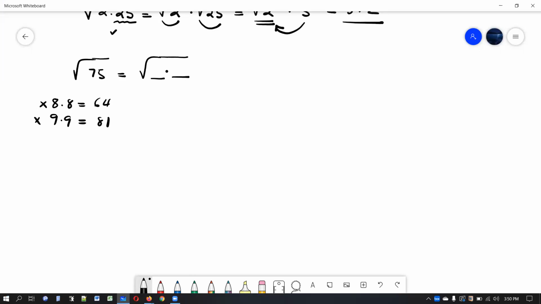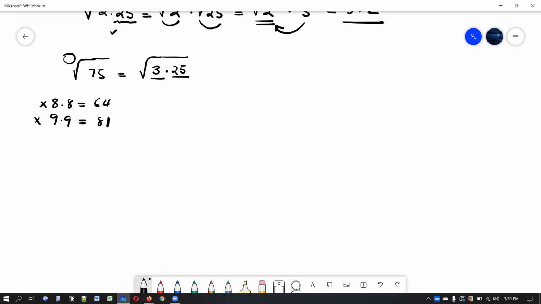one of these two numbers is going to be a number where I can take the square root, right? Remember, you don't see an index, the default is 2. And in this case, I can break it as 3 and 25. Okay, so 3 times 25 is 75, you can check.